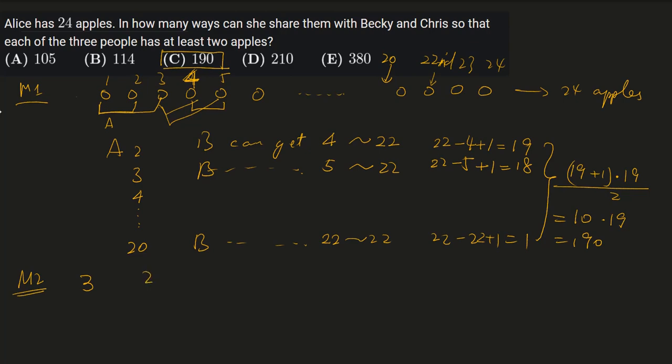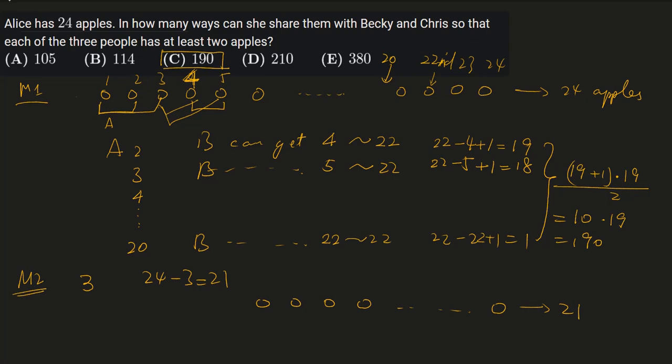Now there's only 24 minus 3 equals 21 apples left, right? Let's draw these 21 apples all the way up to here. Now we want to divide these 21 apples among these 3 people, so that each of them has at least 1 apple.